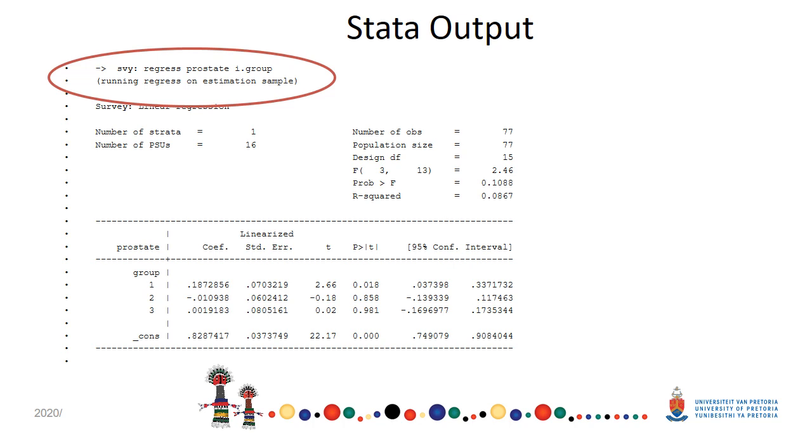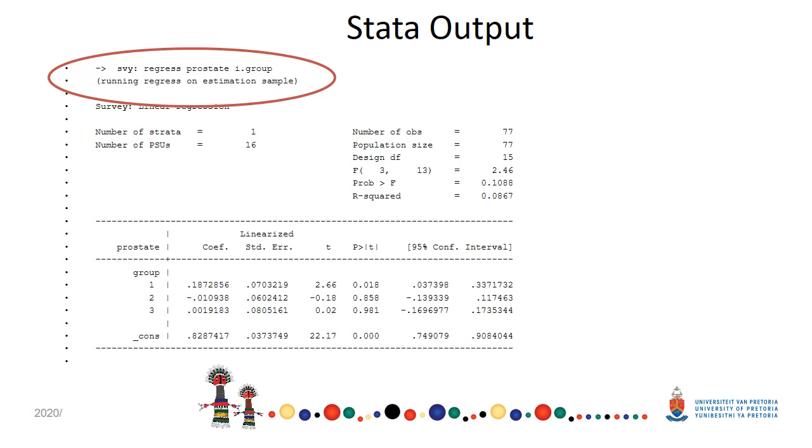Those are your 3 experimental groups. What we are saying is we are comparing experimental group 1 to the control group, and if there is a significant difference between the two, we would look at the p-value, and the p-value is less than 0.05, which means yes, there is a significant difference between the prostate size in experimental group 1 and the control group.